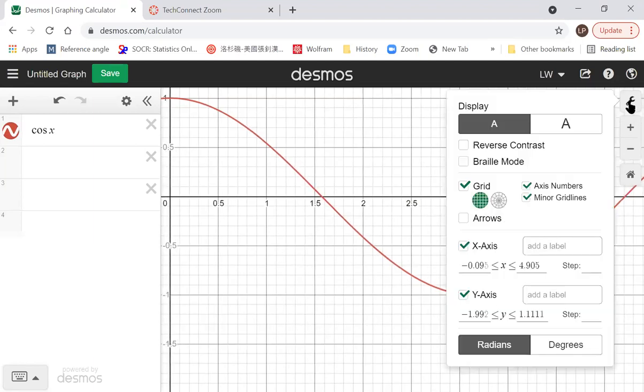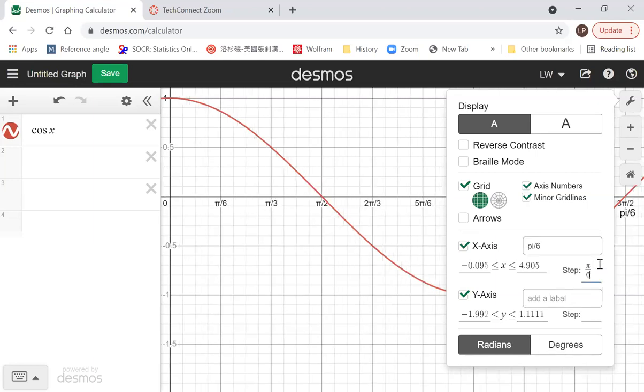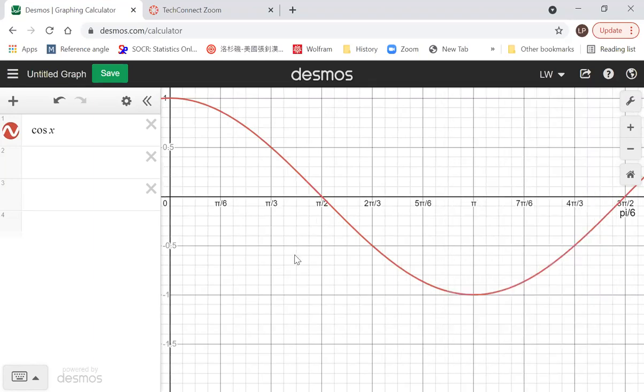Okay, so in terms of the scale, I can use the grade. I can use the steps pi over 6, for example, in radians. Okay?